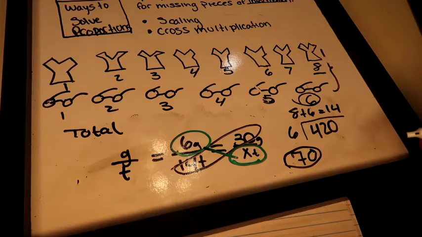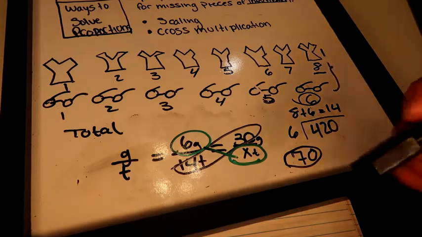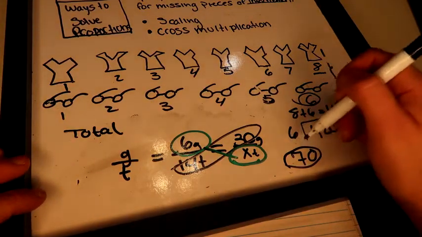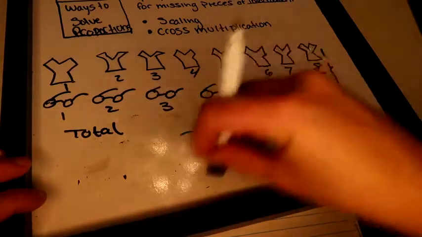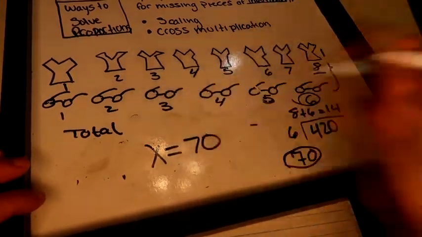So our answer is going to be, can you guys guess what our answer is going to be? Our total number is going to be 70. So I'm just going to erase this. X equals 70.